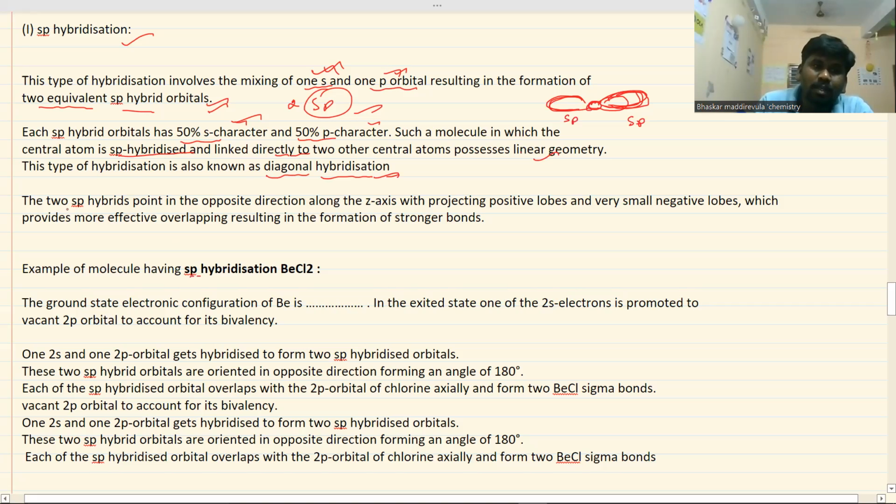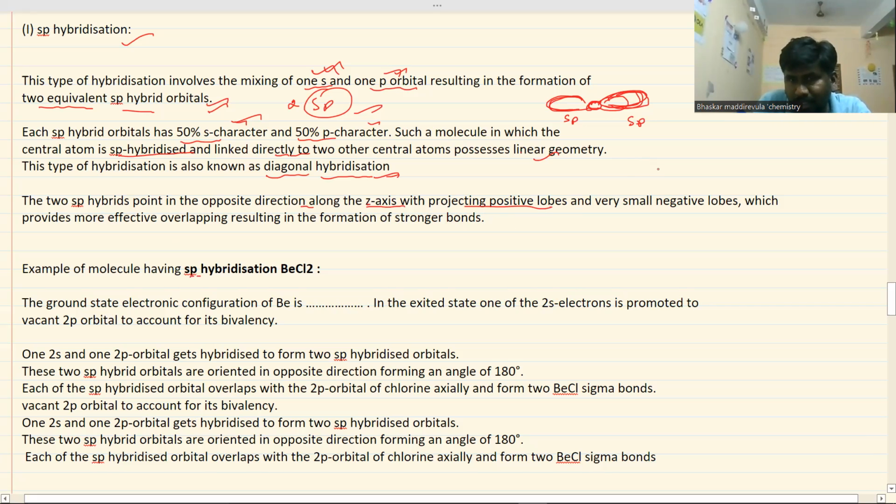These two sp hybrid orbitals point in opposite directions. For example, if the p orbital is the pz orbital, they will orient along the z axis, projecting the positive lobes in opposite directions.